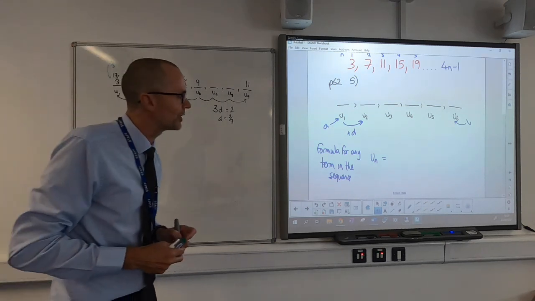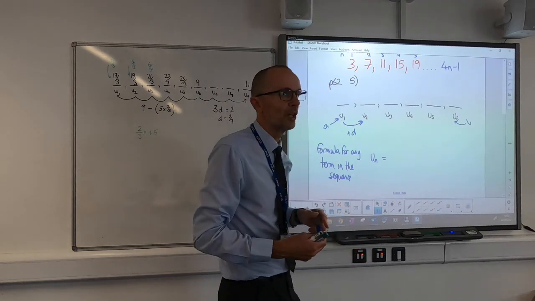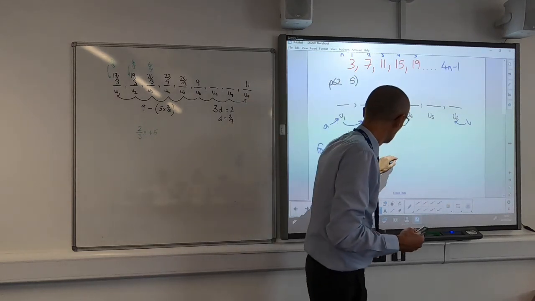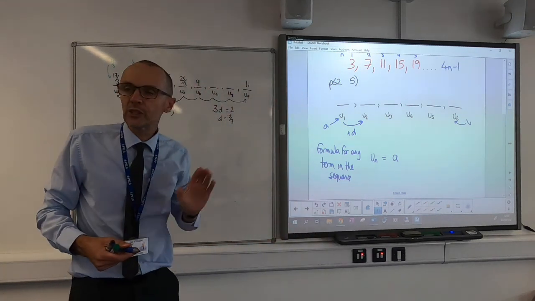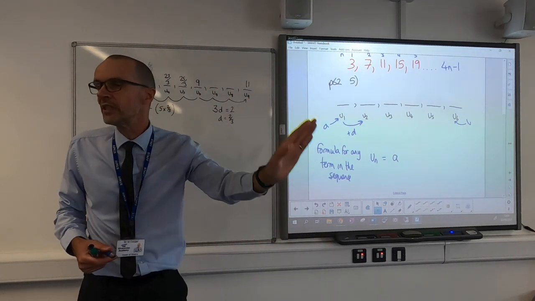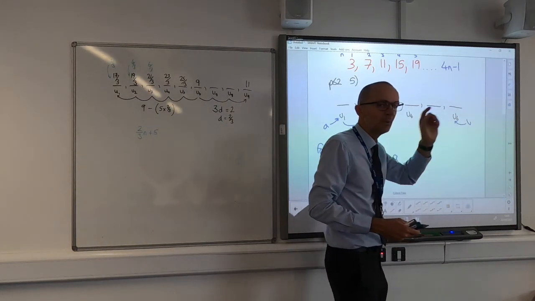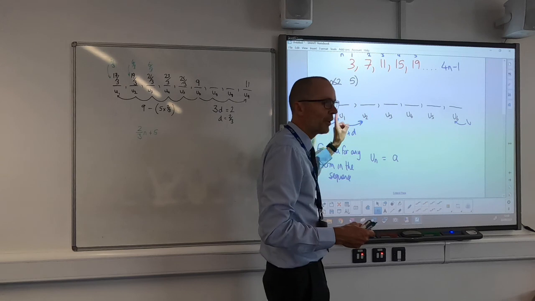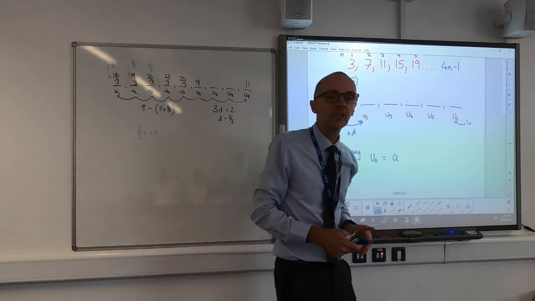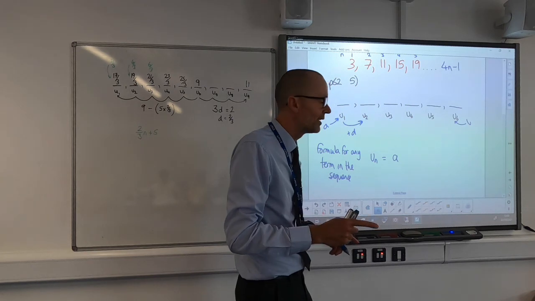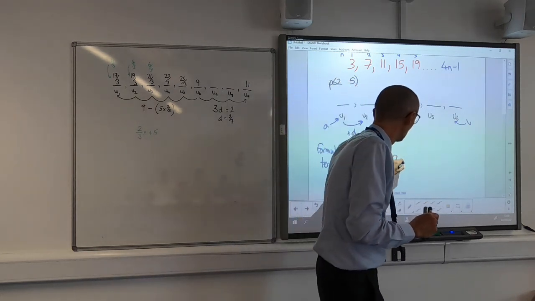And we do it by saying, to get to any term in this sequence, you start at the first term, U1, which for some reason we also call A. And then you just do lots of jumps, lots of Ds. So for example, if I want to find the 6th term, from the first term it's 1, 2, 3, 4, 5 jumps. The number of jumps from the first term is always 1 less than this number.